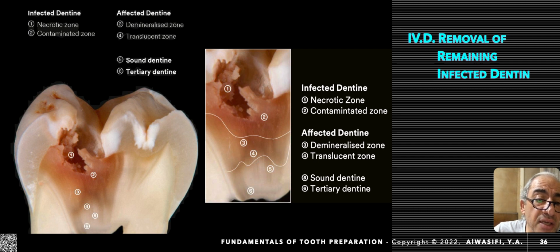Histologically, affected dentine is the demineralized and translucent zone, because the translucent zone is considered as a type of sclerosis, a means of protective or defensive mechanism of the pulp. Then comes sound dentine and tertiary dentine. We remove only the infected layer, which contains histologically the necrotic zone and the contaminated zone.